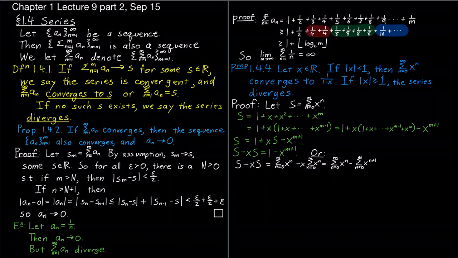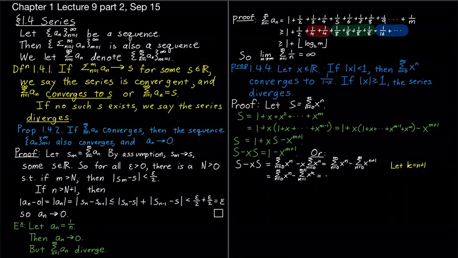Move the x inside, and then in our second sum we let k be n plus 1. This is like a change of variables in an integral, except it's in a summation. Then we can just reorganize this so that everything is using the same indices.